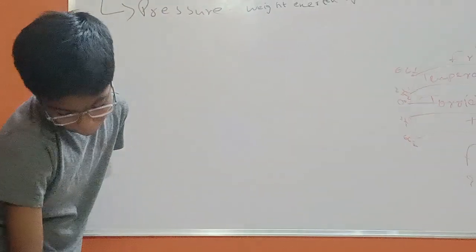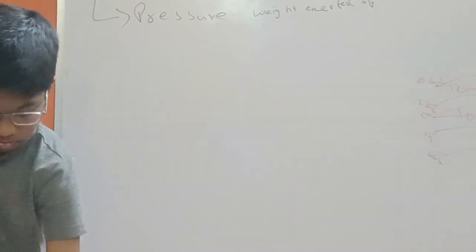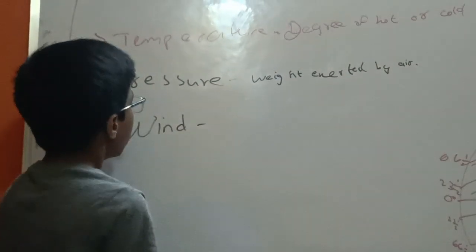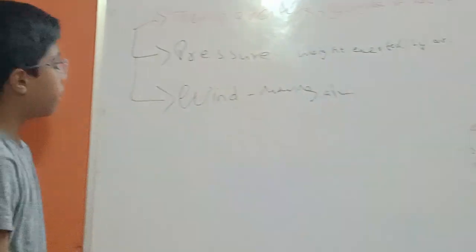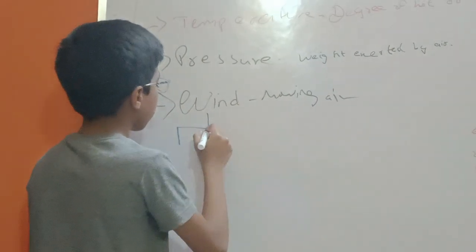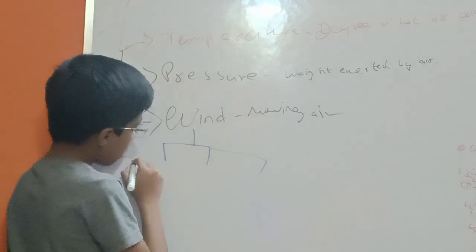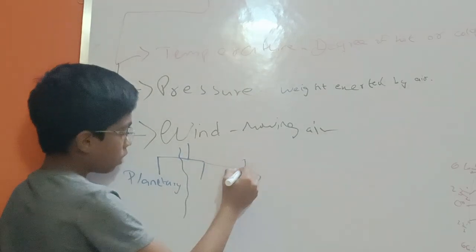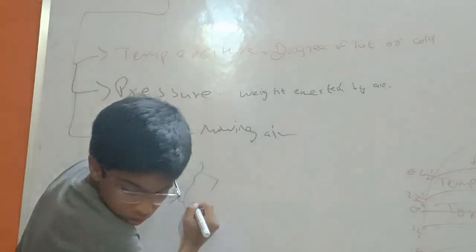Next, wind. Wind is moving air. This wind is classified into 3 types: planetary winds, periodic winds, and local winds.